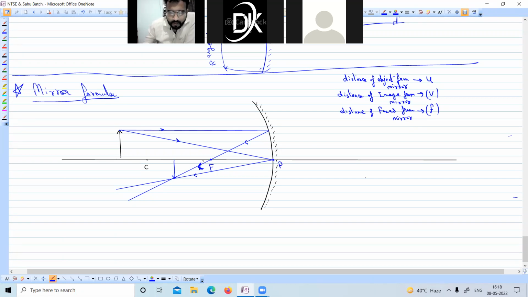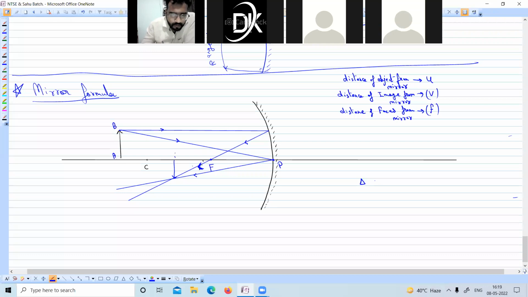This is the pole. Can you see the triangle? Let me give the name as well. This is A. This is B. This is A dash. This is B dash. So we can see the triangle ABP and triangle A dash B dash P. They both are similar. Let me draw it separately.